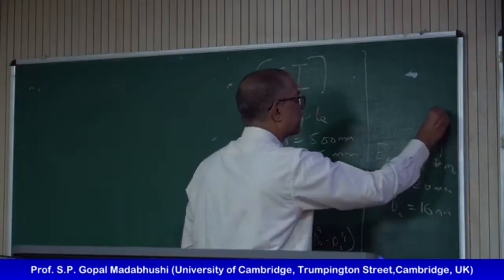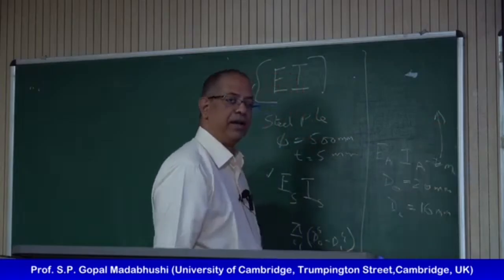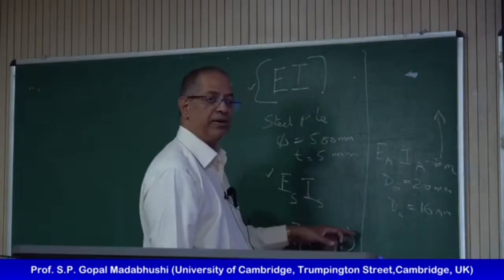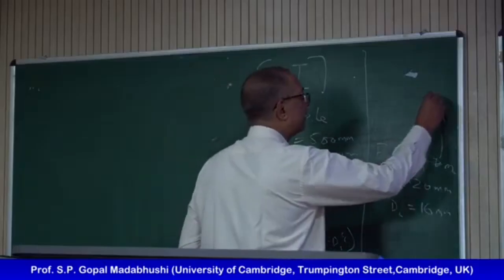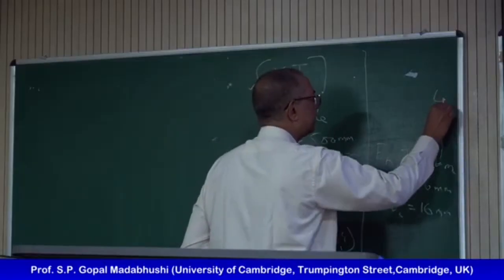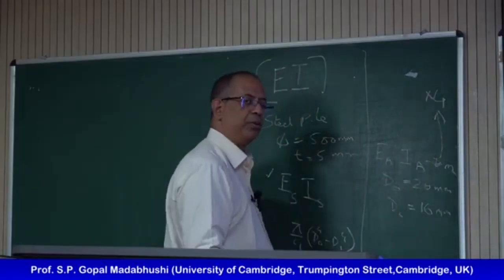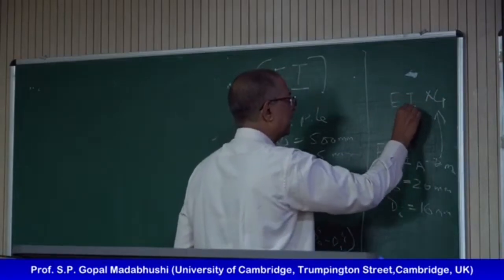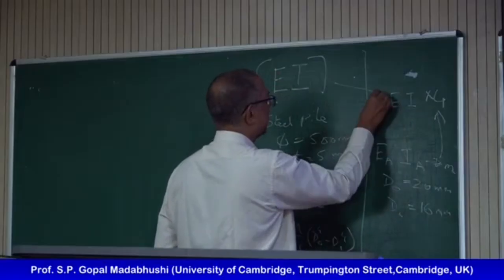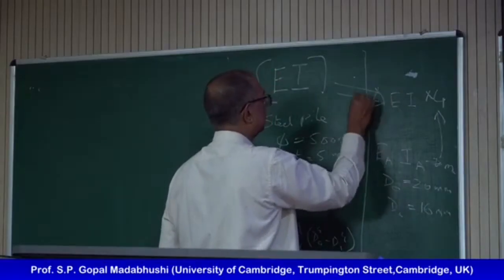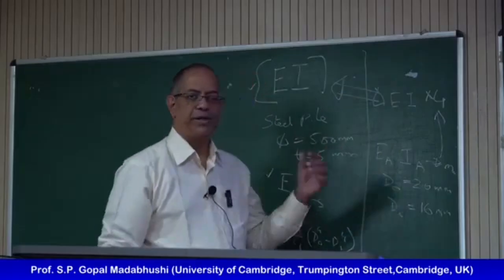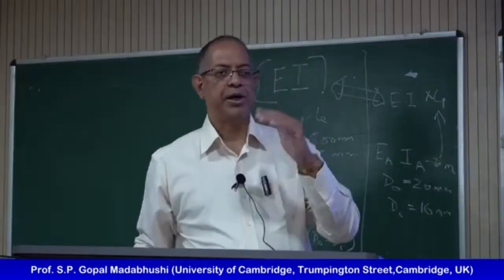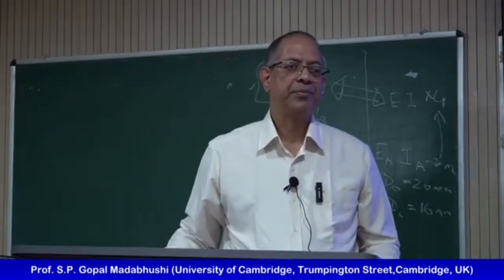Then I scale this up by a factor of 4 to work out what the EI is and make sure that is the same as this. That's it. If I do that, my flexural behavior will be matched perfectly.